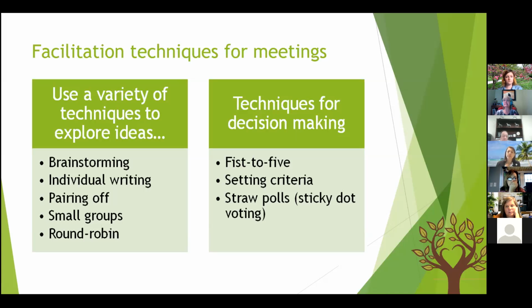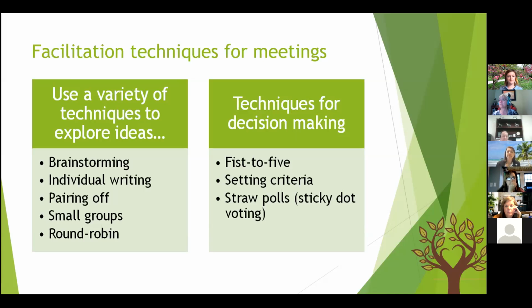In most cases, especially in the case of a board where there's a structure for making decisions, the small group work is going to be about giving input and processing information. This could be done in person in board meetings, or it can be done online using those breakout rooms again.